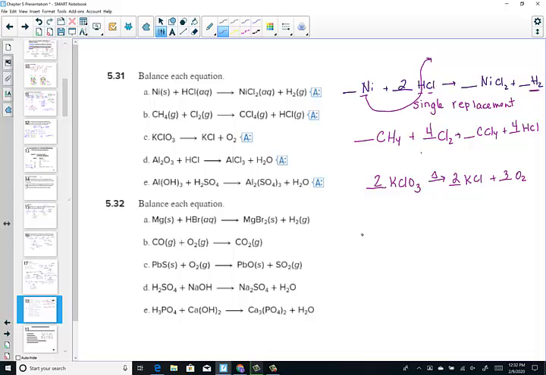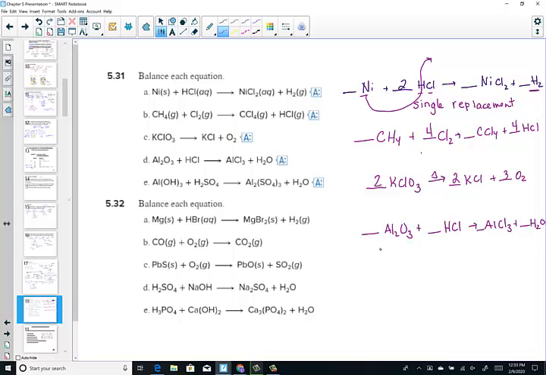Letter D, Al2O3 plus HCl yields AlCl3 and water.